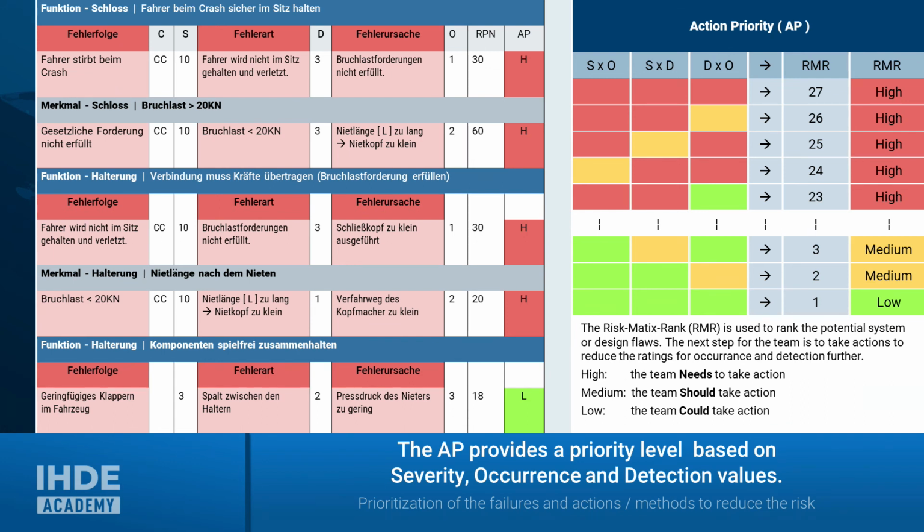The risk matrix rank also has 3 action priorities: low, medium, and high, color-coded green, yellow, and red. The highest priority from one of the 3 combinations S and O, S and D, and D and O determines the color for the risk matrix rank.